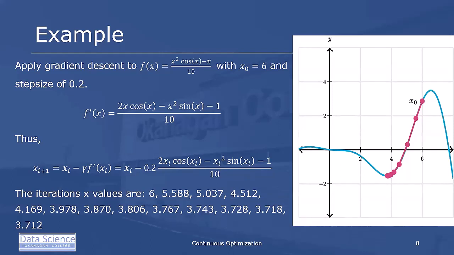After about 10 or 11 iterations, we get a lot of good similarity between our numbers, indicating that we're starting to converge. And so we end the algorithm when the difference between successive approximations, in this case, 3.718 and 3.712, is quite small. So in this case, less than 0.006.